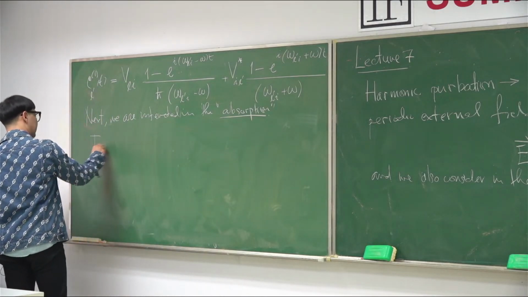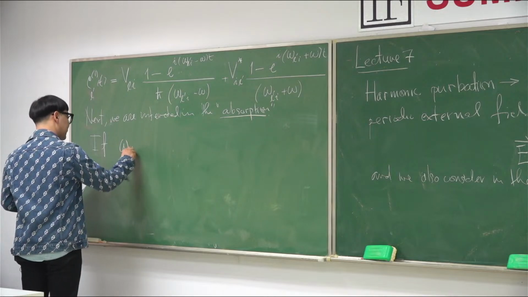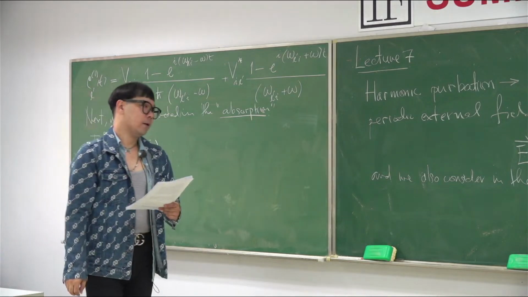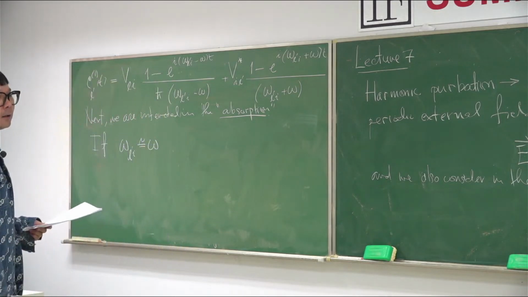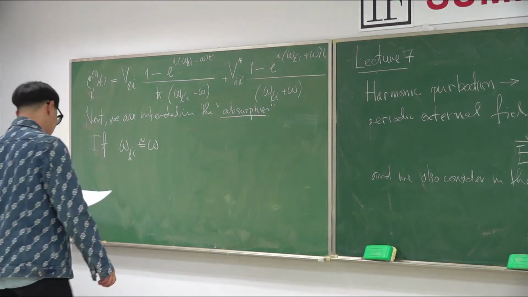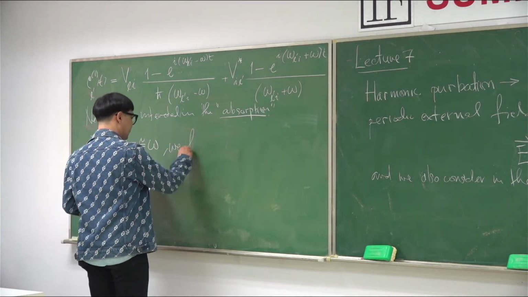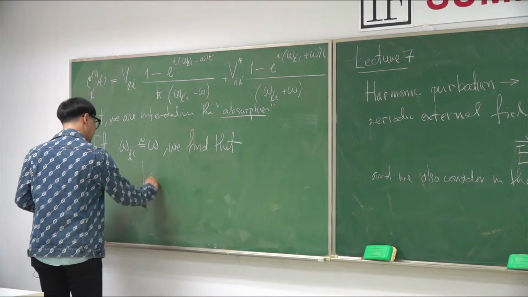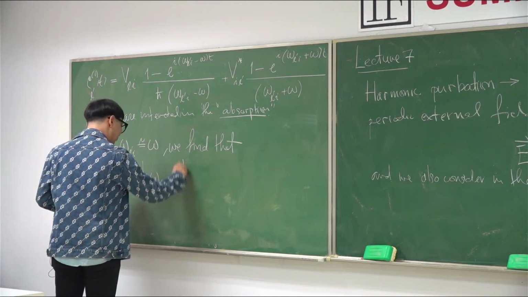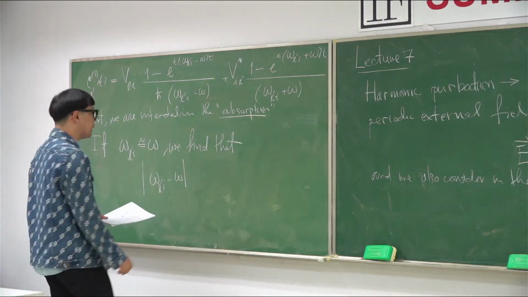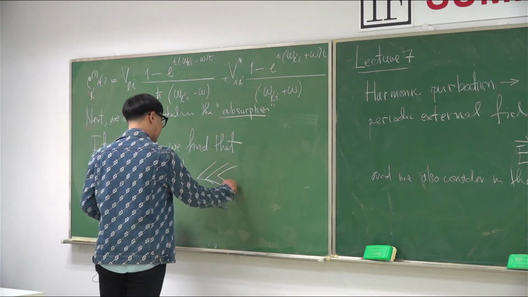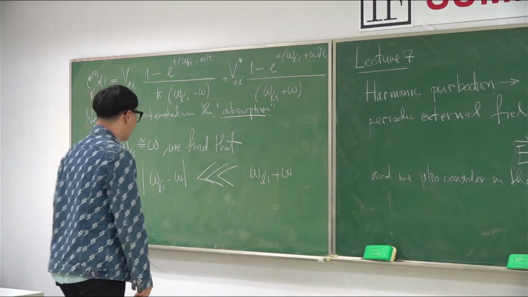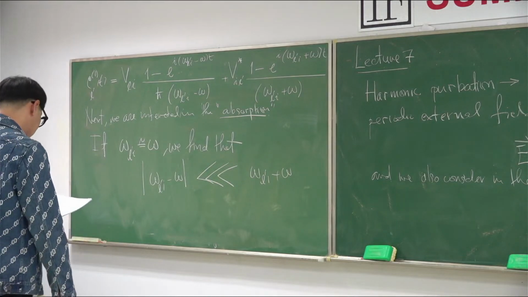So if it happened that these two quantities are very close to each other, then, I mean, the absolute value of the difference between these quantities is much less than these added together, right? This is very trivial, this condition.